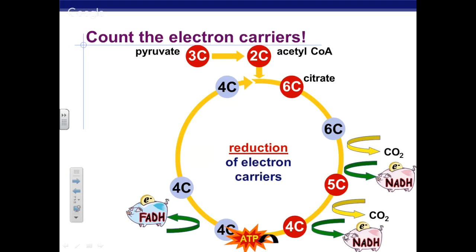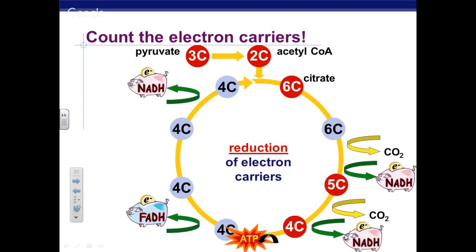All right, we make a little bit of FADH2. FADH2 is an interesting electron carrier. The hydrogens it's carrying are more like 7-year-olds. They don't have that much energy compared to the 2-year-old ones that the NADH are carrying. They're a little bit lower energy, and we'll talk about that a little bit later. But the point is that in the end, they won't produce as much ATP as the electrons from NADH will.